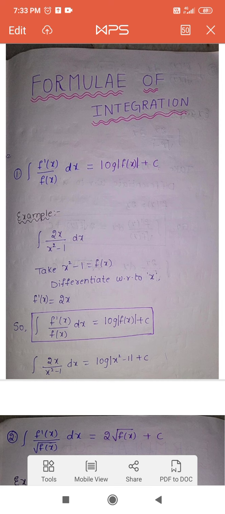So the integral 2x by x square minus 1: x square minus 1 is the f of x, f dash of x is 2x. So we have to substitute log f of x. Here f of x is x square minus 1. So log mod x square minus 1 plus c. So in this way we can use this formula.